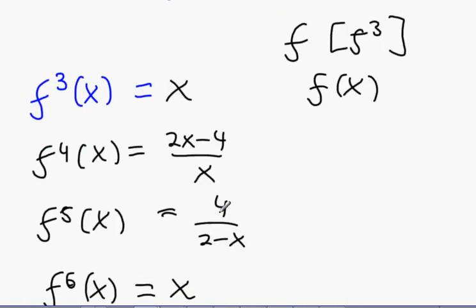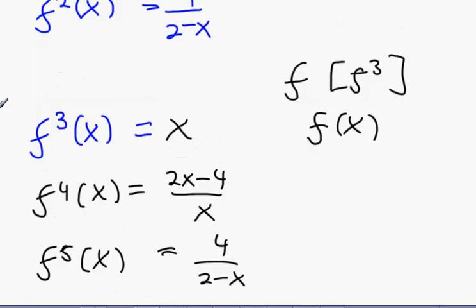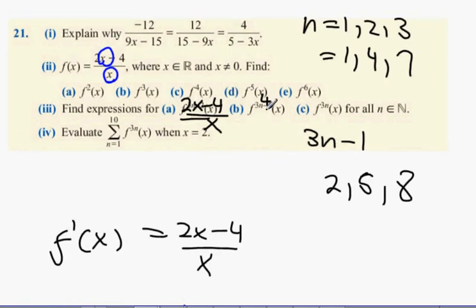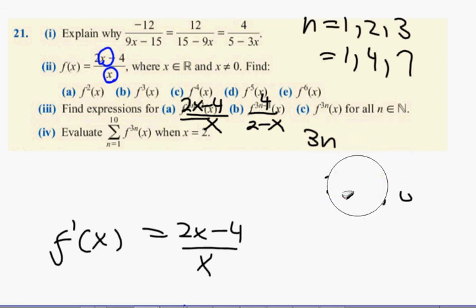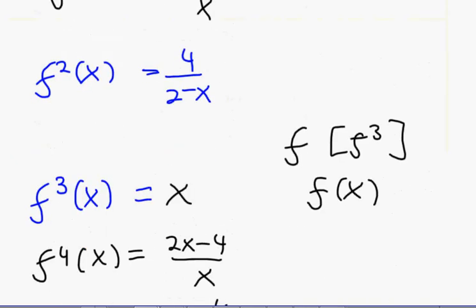So that's 4 over 2 minus x. Finally, f of 3n. What does 3n represent? 3, 6, 9, and 12. So 3, 6, 9, and 12, what do they represent? X. So this one here is going to be x.